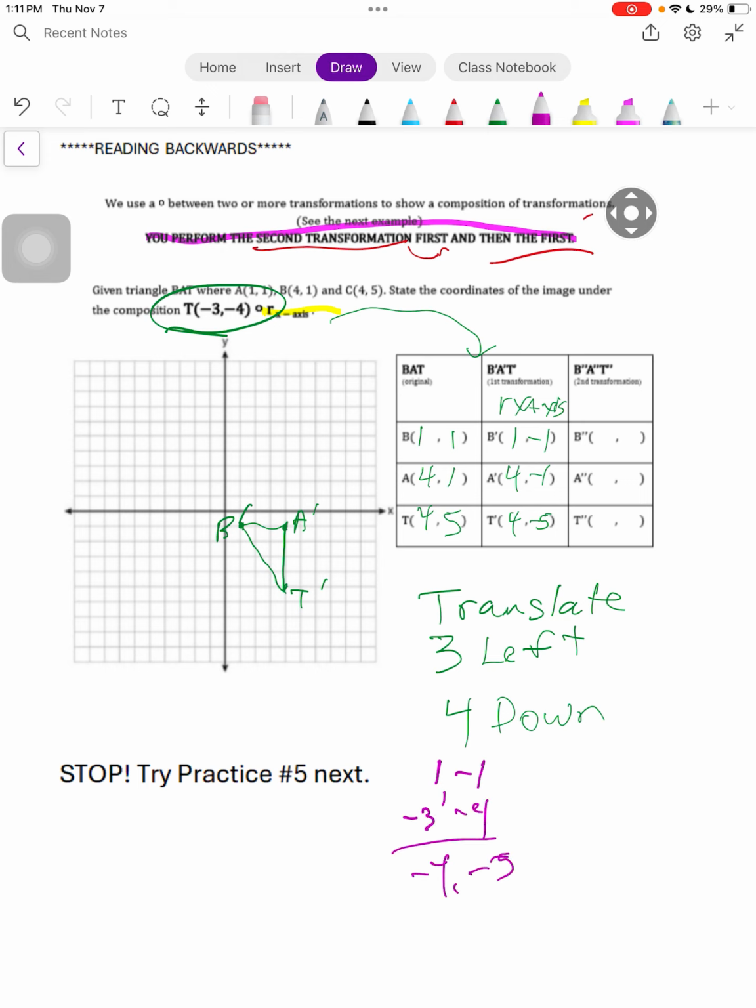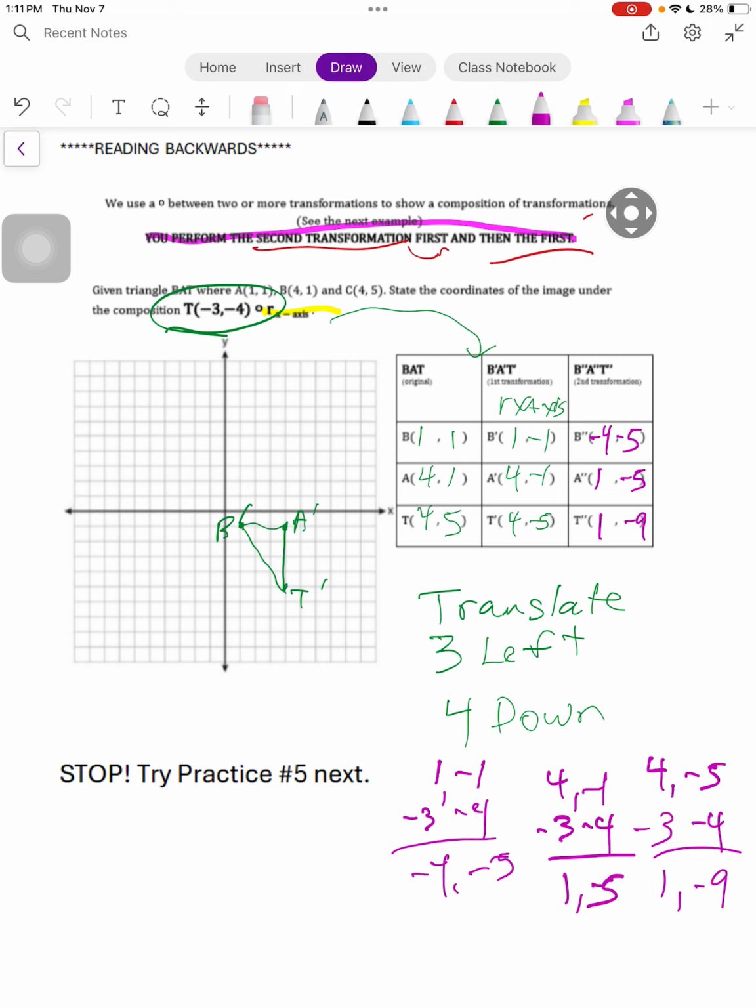You're going to get (-4, -5). You could take (4, -1), minus 3, minus 4, and you're going to get (1, -5). And again, you can take the last one, which is (4, -5), minus 3, minus 4, and you're going to get (1, -9). And those are your answers. So if you don't have to graph, this is your final answer.